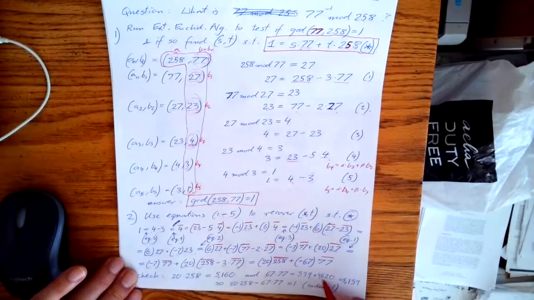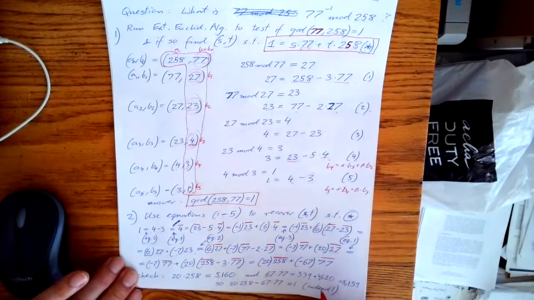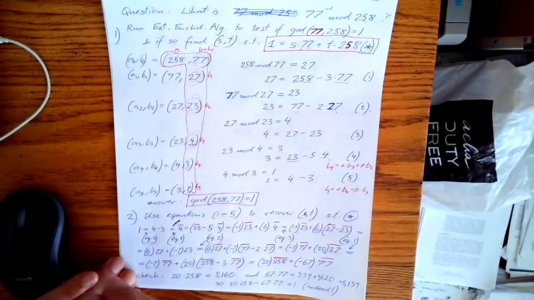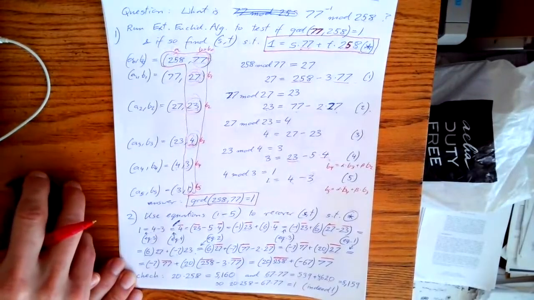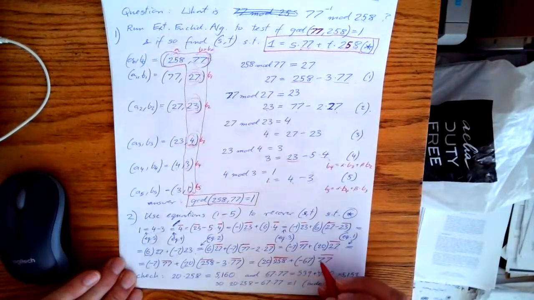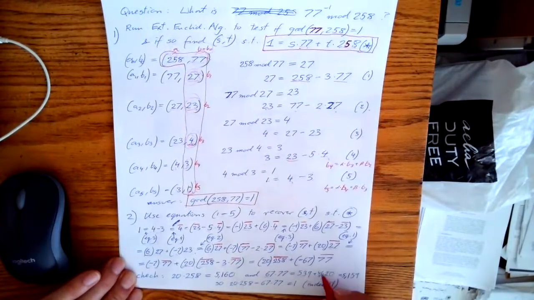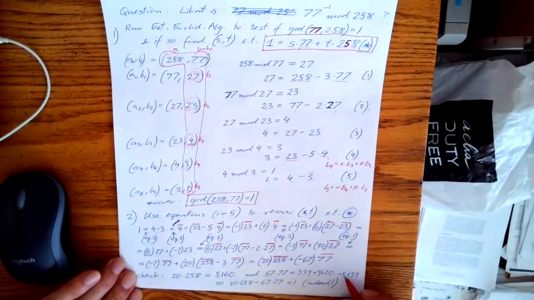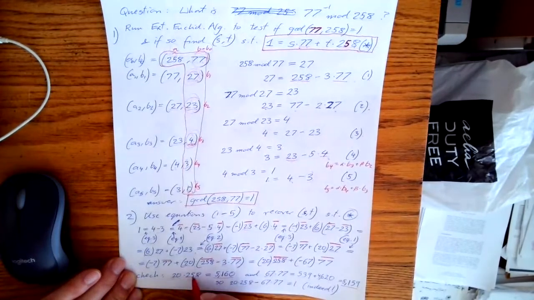And this is 462, 77 times 6, right? So that's that, and I add the 2, it's 5,159, and so this is 1 plus that. So indeed, this minus this is exactly 1.